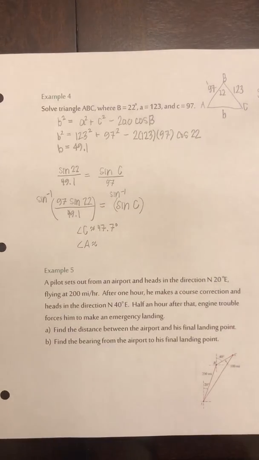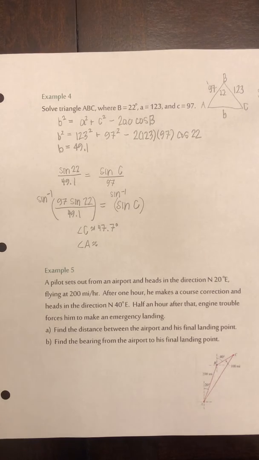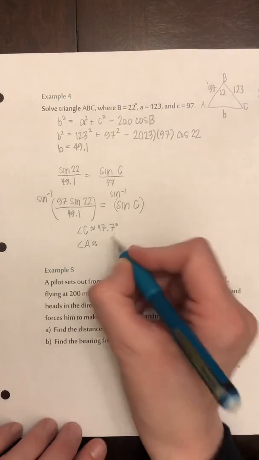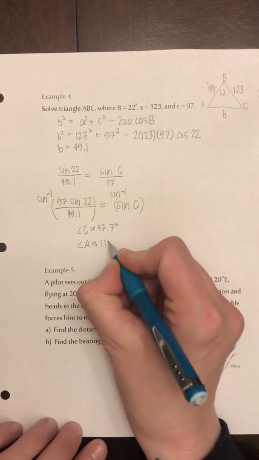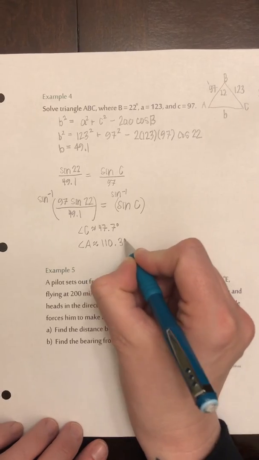So again, going back to my calculator, 180 minus the 22 degrees from angle B, and then minus the 47.7 degrees from angle C, and that leaves angle A being 110.3.